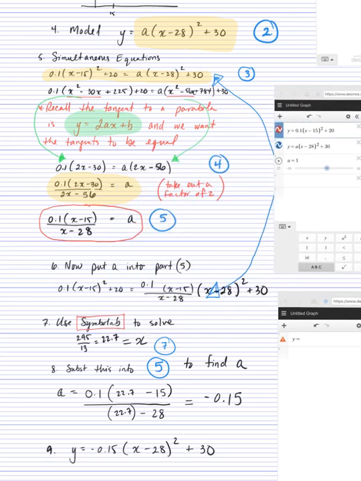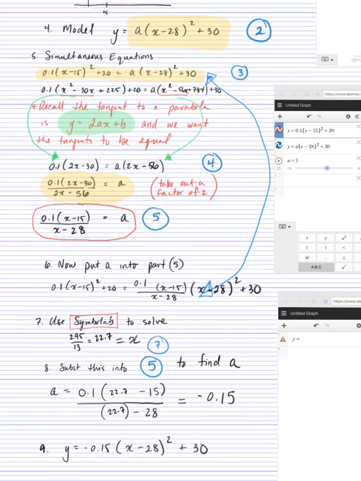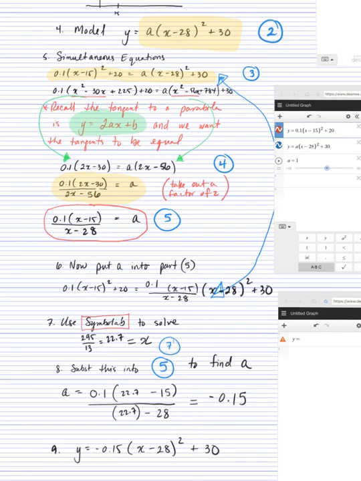Right. So we've used Symbolab. Symbolab has given me the x coordinate that I'm looking for. I'm going to substitute this back into my equation because what I need now is a. I have x, I need a. I'm going to go back to that equation for a, which is right here, and I'm simply going to put my new x value in of 22.7.